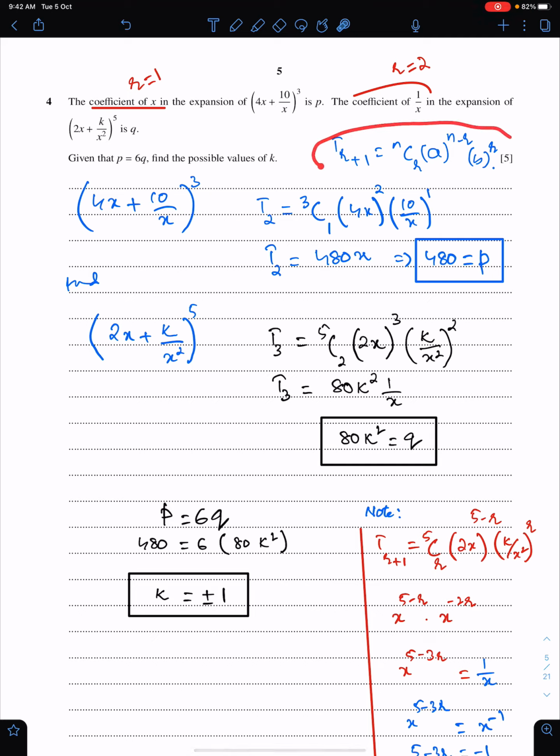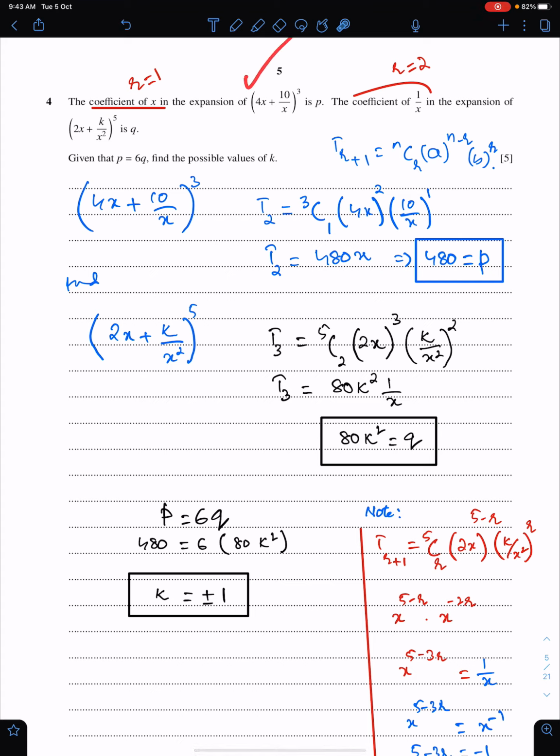If you use this formula, you will get r is 1, meaning this is the second term. So if you put 2 here, like this entire thing, this is 2 when r is 1. So you will get the coefficient of x from this expansion, which is 480. So we have 2 options.